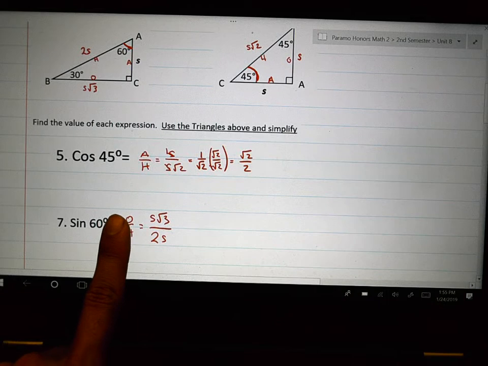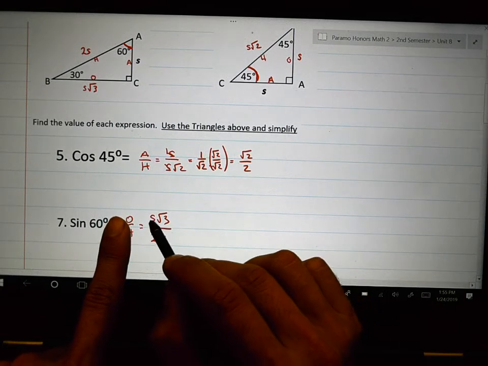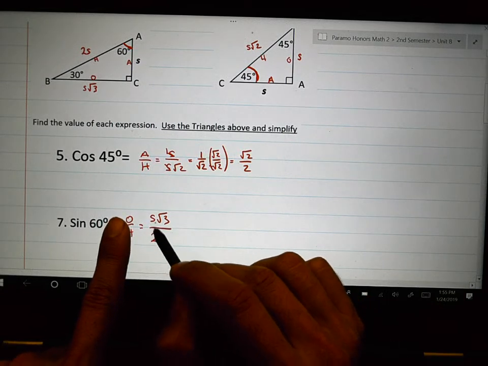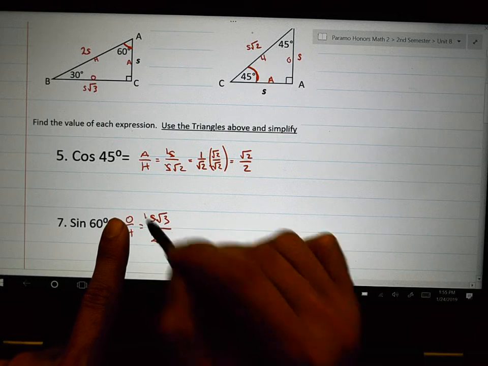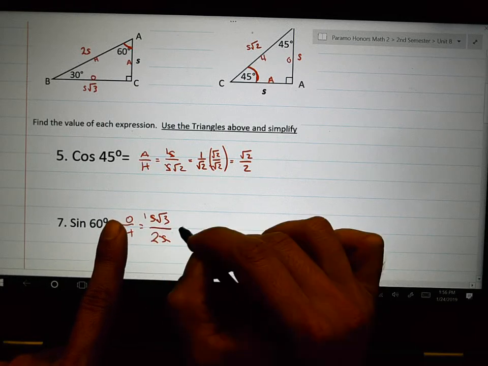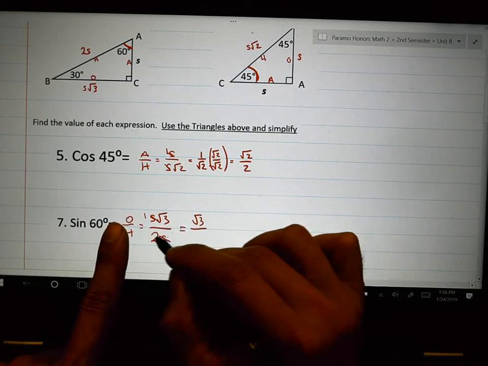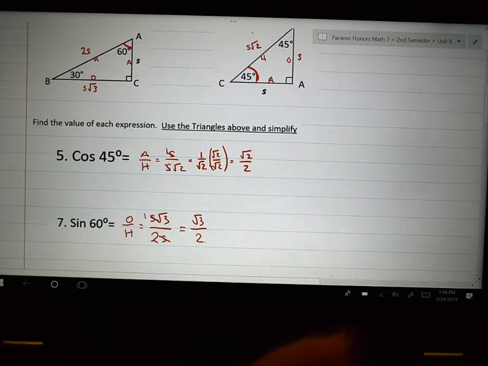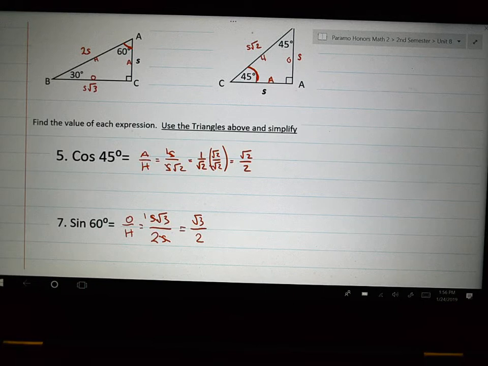Well, that simplifies because S divided by S, S goes into S one time. 1 times root 3 is root 3. 2 times 1 is 2. The sine of 60 degrees will always reduce to root 3 over 2 every single time.